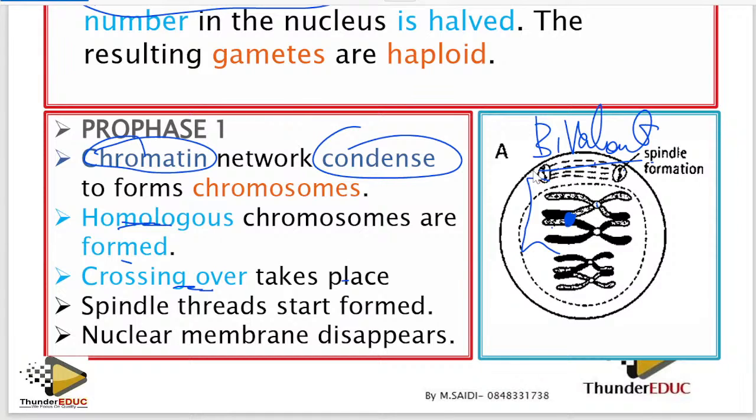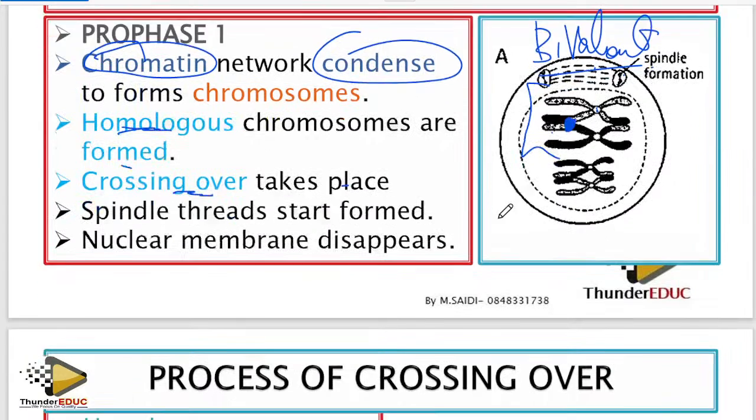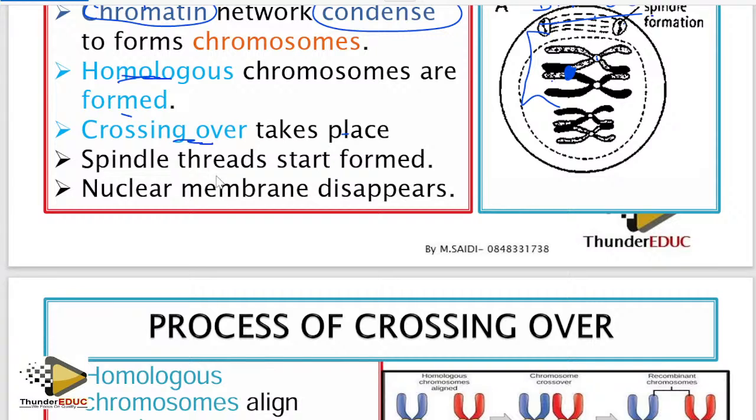If you have a question, you let me know, because this class is live, so that we are able to explain that concept you are looking for, or you want me to help you with. All right. Then after that, the nuclear membrane starts to disintegrate. It starts to break down.